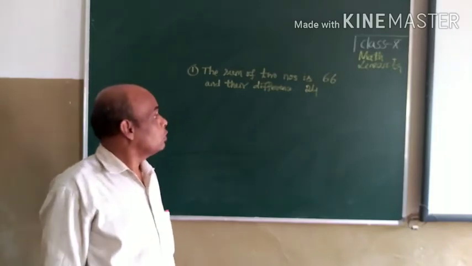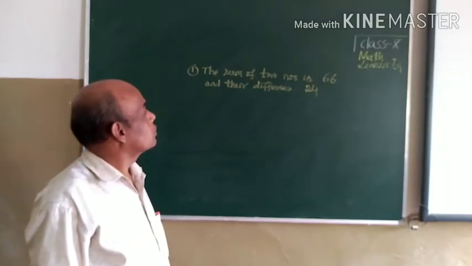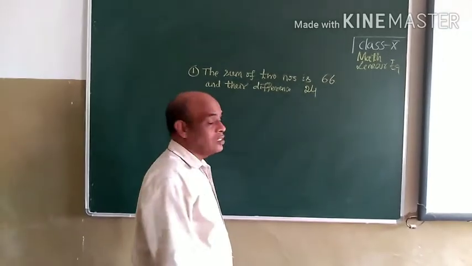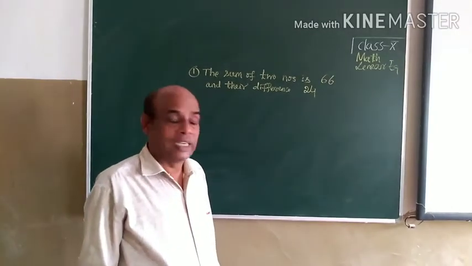What are the two numbers that we have to find out?